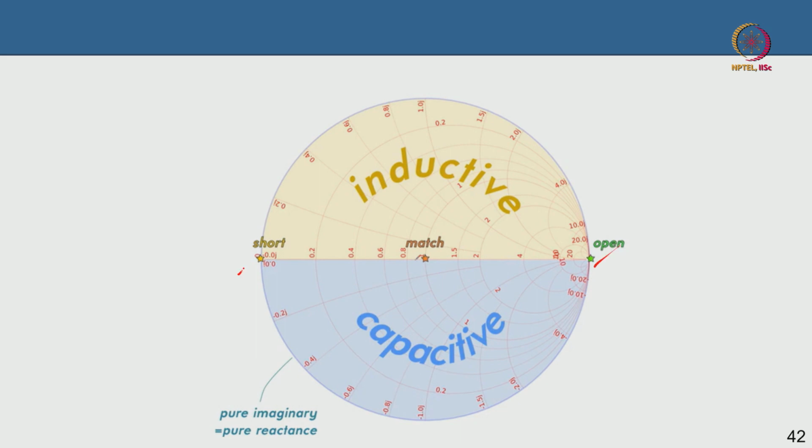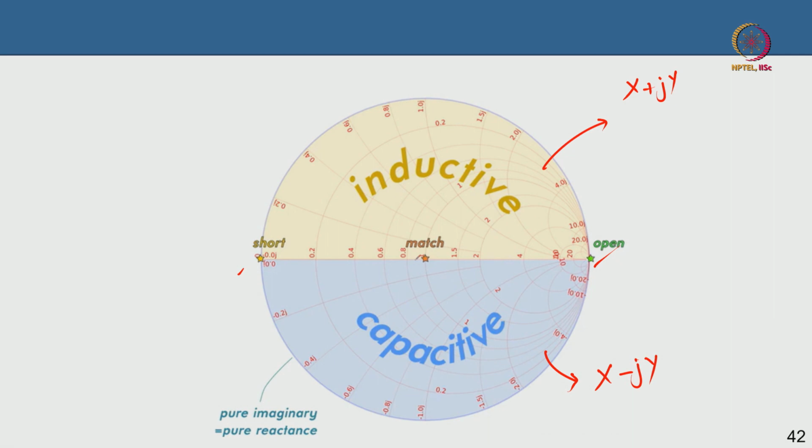The top half of this Smith chart represents inductive loads, it is basically positive, so we are going to talk about x plus jy on the top. The bottom half represents capacitive load, x minus jy. So, the top half is inductive, the bottom half is capacitive, purely imaginary.